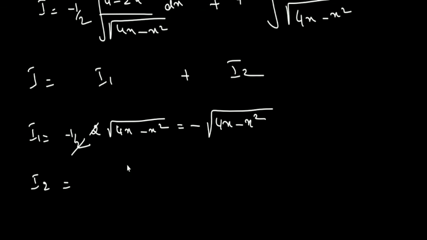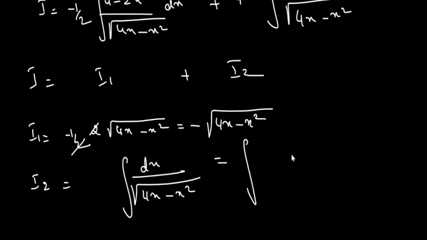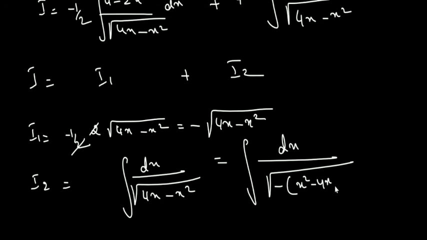Now let us find I2. I2 is the integral of dx by root of 4x minus x square. That is the integral of dx by root of, minus you take it out, so it becomes x square minus 4x. So we have to now add and subtract: divide by 2 and then square it, so it will become plus 4 minus 4.